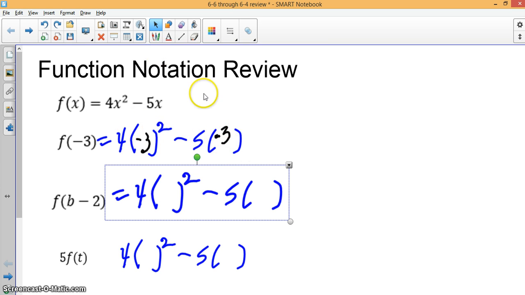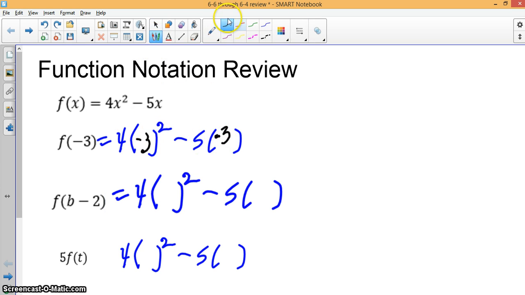Alright, so you just keep on rolling with that and actually do -3 squared, so it's 4 times 9 plus 15, minus negative, double negative, so you do plus, and so it's 36 plus 15, so whatever that is, 46, 51. Alright.